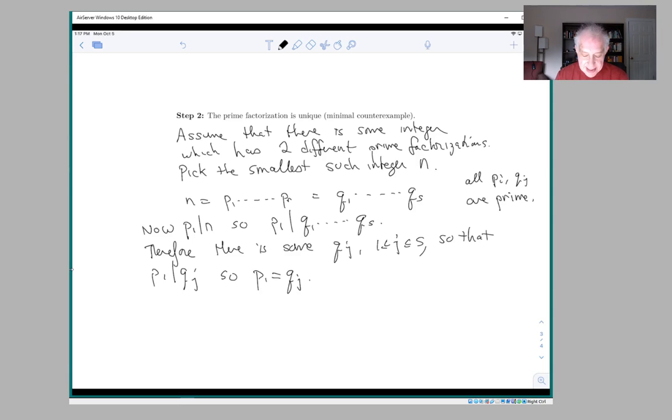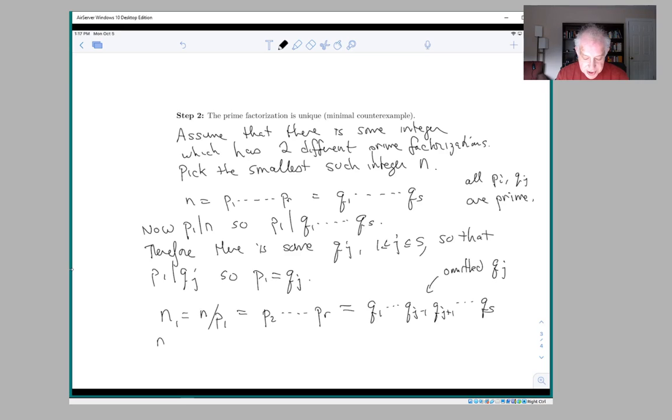So let's divide it out. Let's let n1 be n divided by p1, and it's equal to p2 up to p sub r, but it's also equal to q1, up to qj minus 1, qj plus 1, up to qs, where I've omitted qj, which is the one that we canceled from both sides.